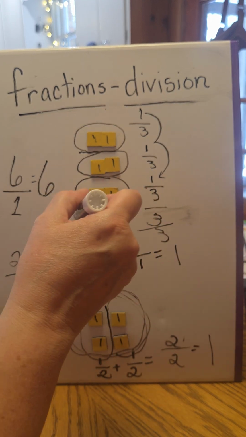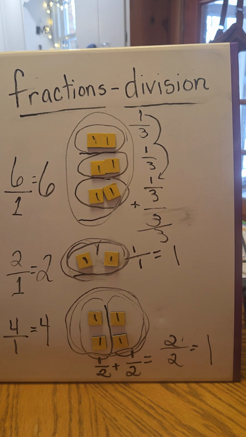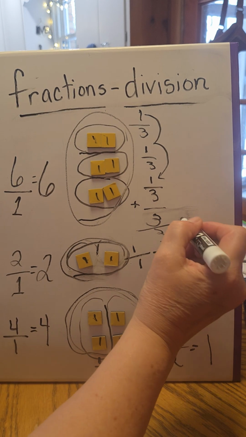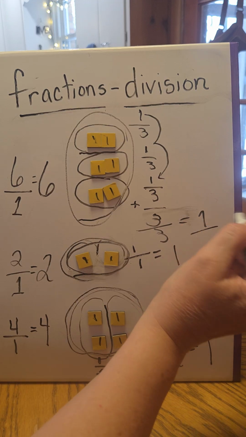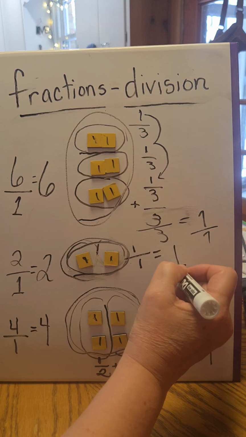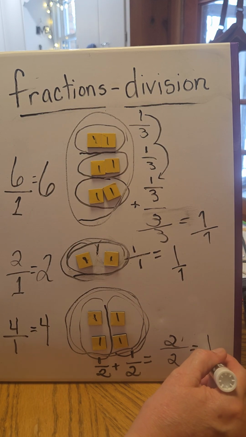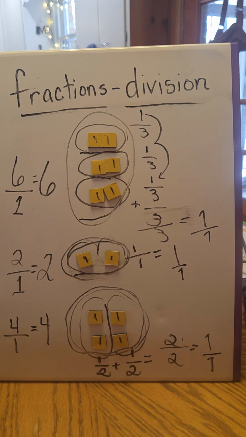One whole group. And this is saying 3 out of 3, which is the same as saying 1. Or one whole group. Hey, we could do 1 over 1. 1 over 1. Because we know that 1 over 1 means 1 whole.